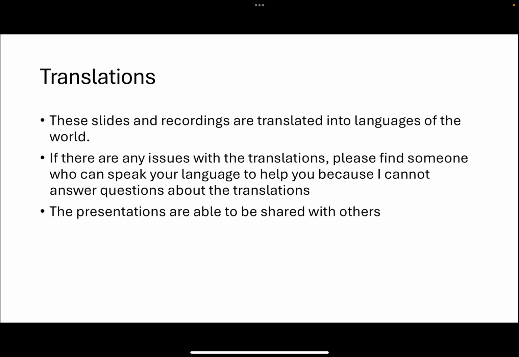I'm hoping that these slides, once I record them again, will be translated into different languages from across the world. If there are any issues with the translations, please find somebody who can speak your language to help you, because I cannot answer questions about the translations. The presentations are also able to be shared with other people.